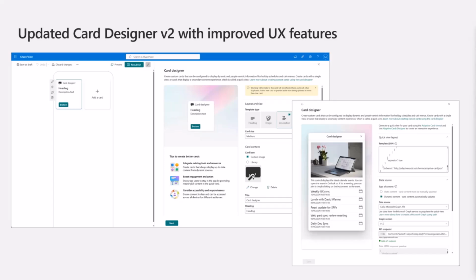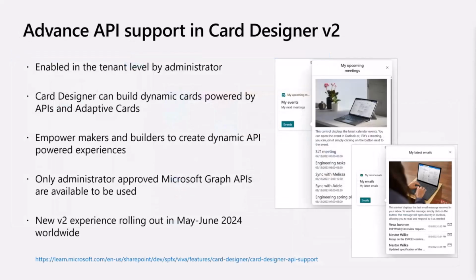We're going to build exactly what we can see here because this is from my demo tenant directly. But I'm going to walk through the bits and pieces and options as we go through that together in a second. But really the power here is that we have that advanced API support in the card designer like we had previously.